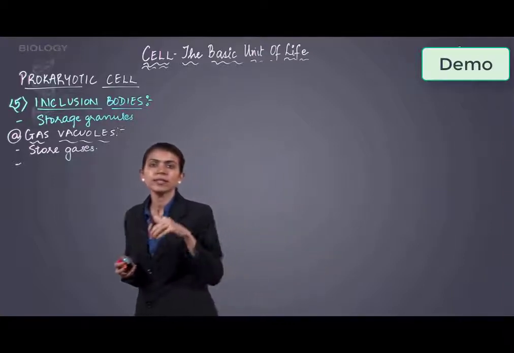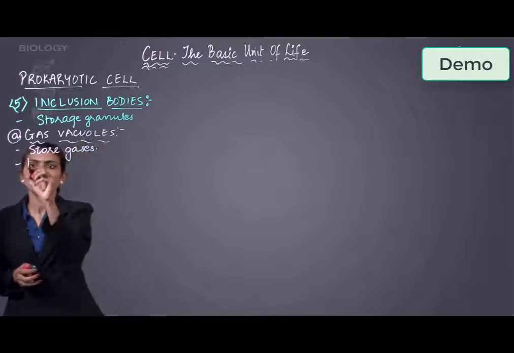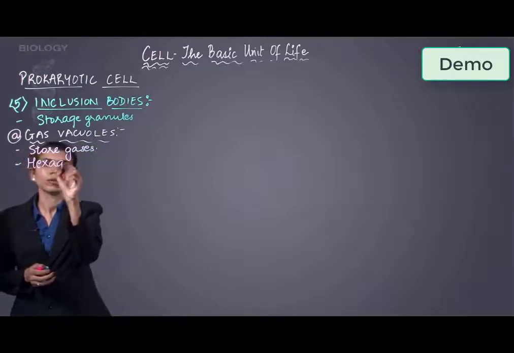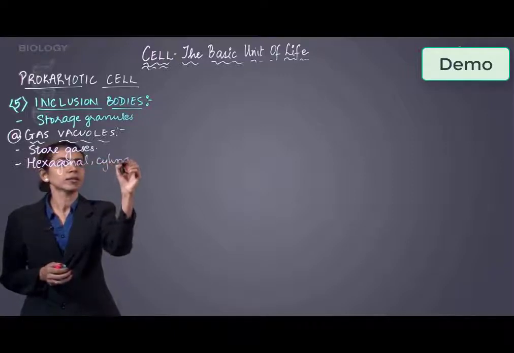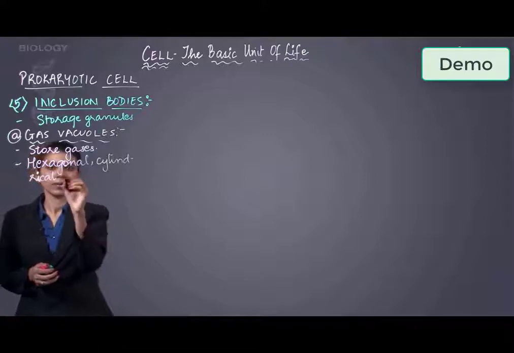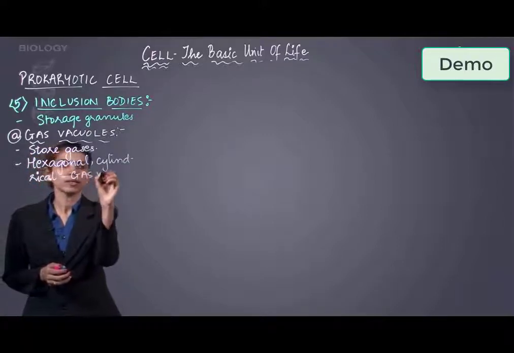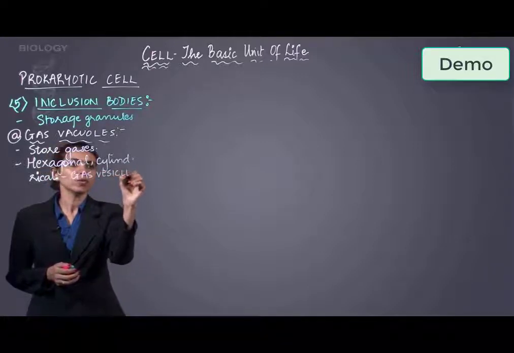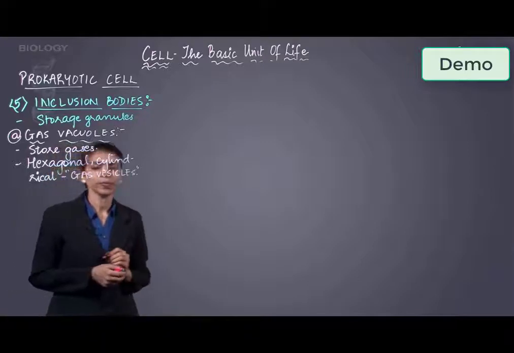There are hexagonal cylindrical structures which come together to form gas vacuoles. So, hexagonal cylindrical structures which are called as gas vesicles. It is these gas vesicles which come together to form the gas vacuole.